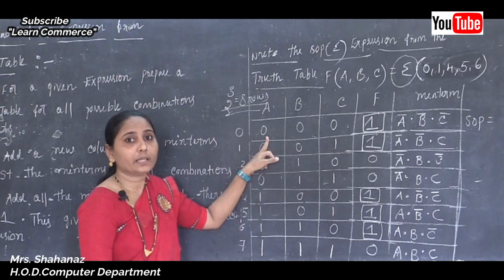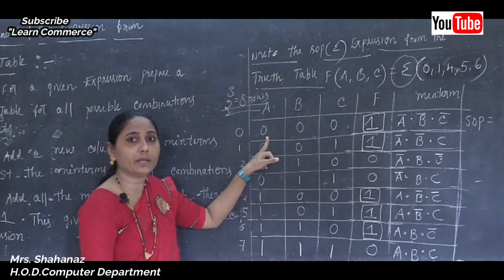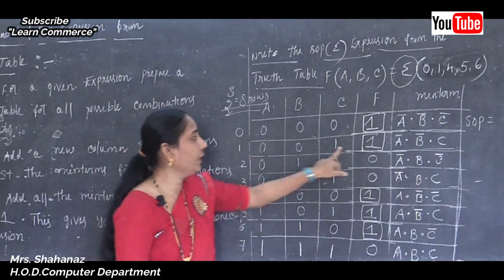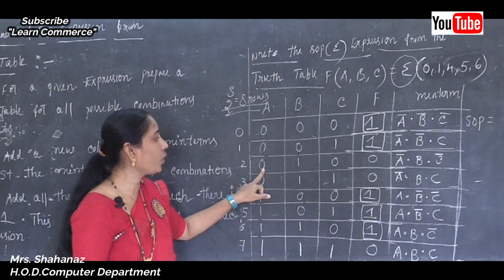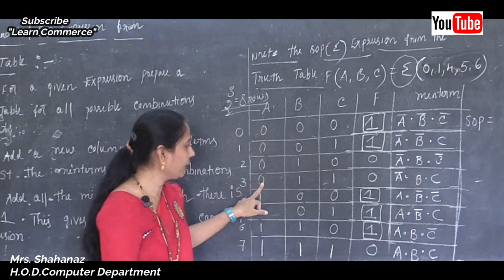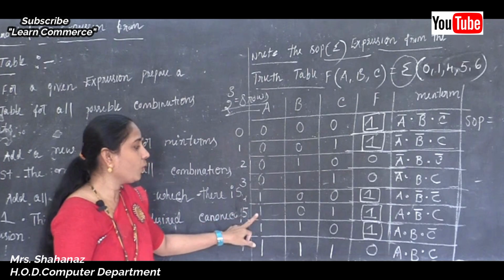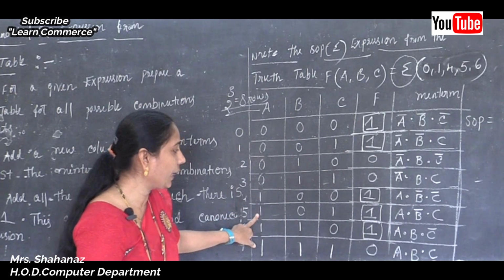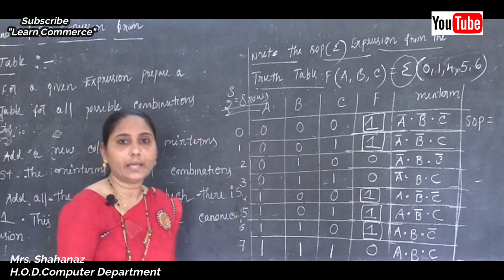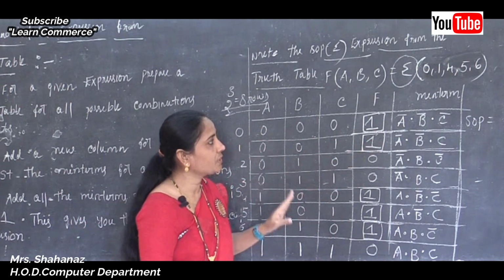So in the starting 3 columns, 0 0 0 is complement A and complement B and complement C. 0 0 1 is complement A and complement B, C. 0 1 0 is complement A and B and complement C. 0 1 1 is complement A and B and C. 1 0 0 is A and complement B and complement C. 1 0 1 is A, complement B and C. 1 1 0 is A and B and complement C. 1 1 1 is A and B and C. So this is the product terms or the min term.